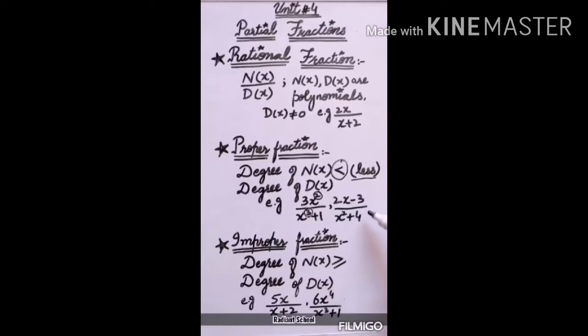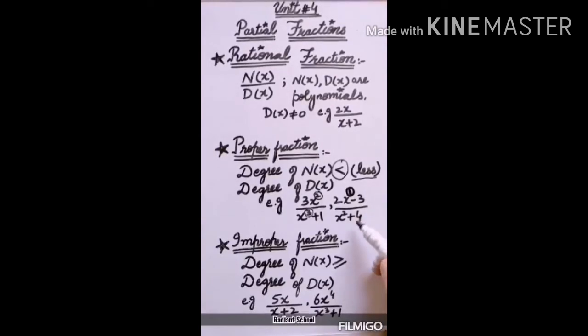Let's take another example. Find the degree of numerator. The highest power of the variable involved in the numerator is, when there is no power, the power is 1. So the degree here in the numerator is 1.